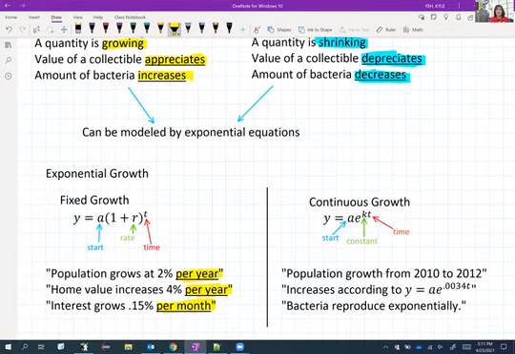Or if it just says bacteria reproduce exponentially, we're not going to say this much per day or per minute. If it doesn't give that very distinct fixed time interval, it's going to be continuous growth. If it does, fixed growth.